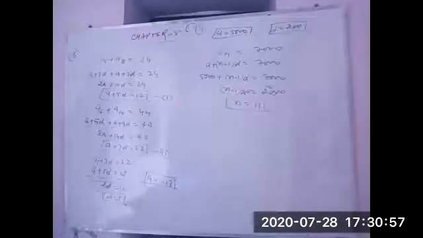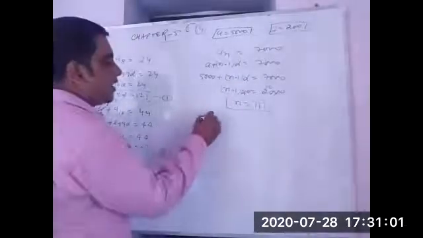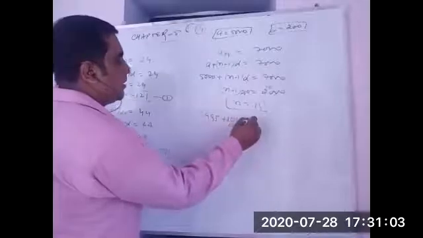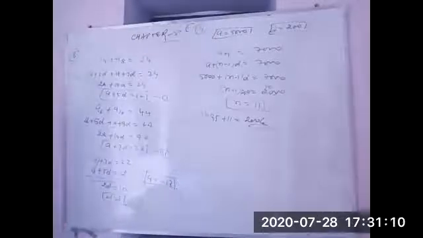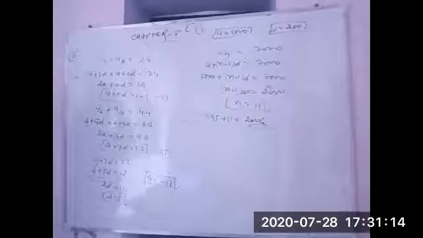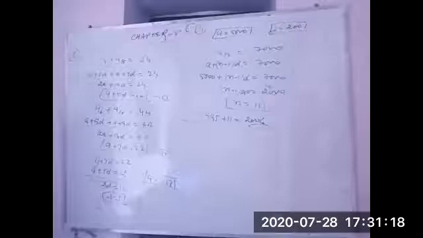At present, which year is in progress? 1995. 1995 plus 11 will be 2006. In 2006, she will be getting a salary of 7,000 rupees. And next, Ramkali saved 5 rupees in the first week and then kept increasing her saving by 1.75.